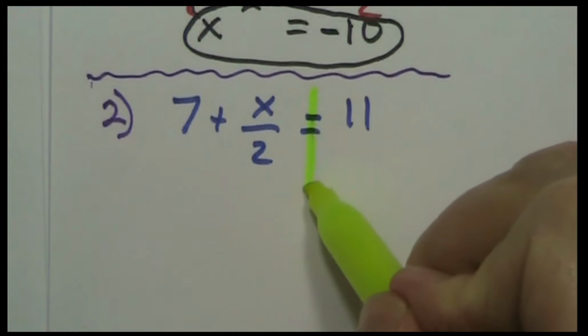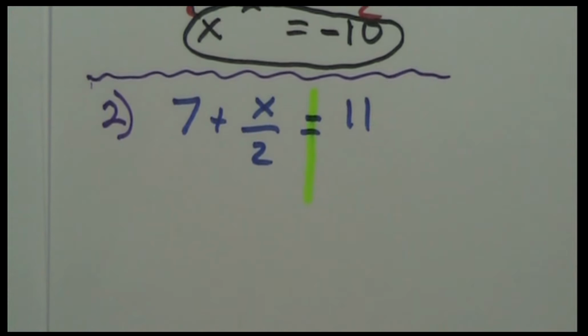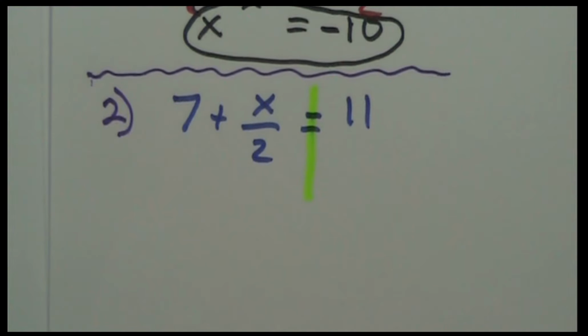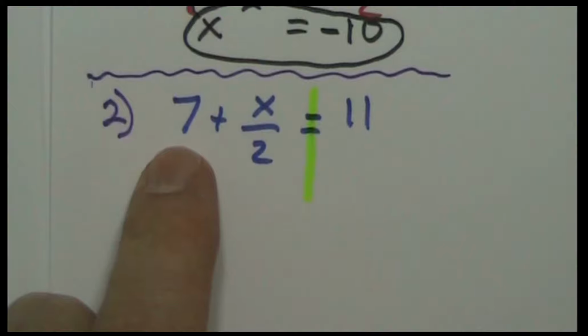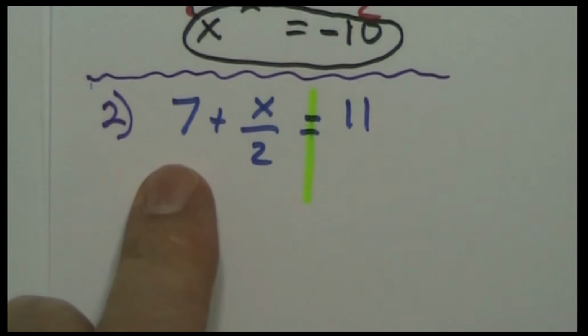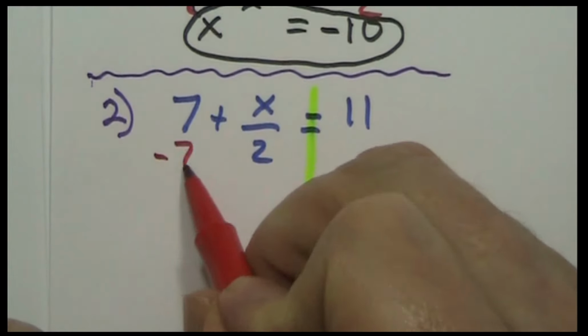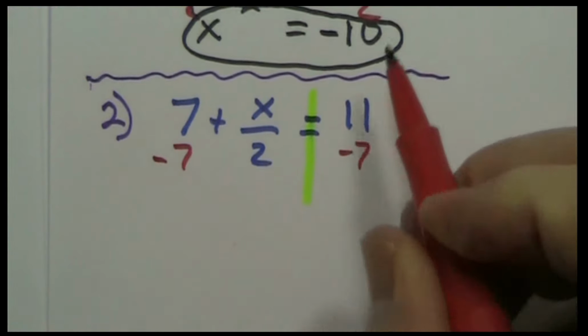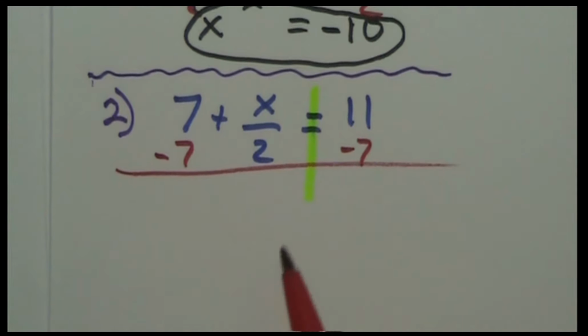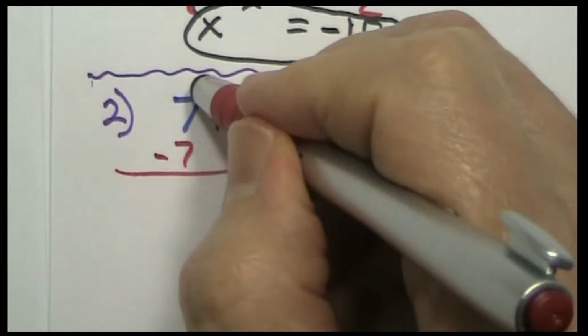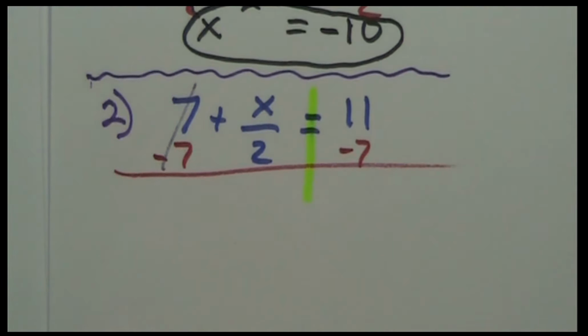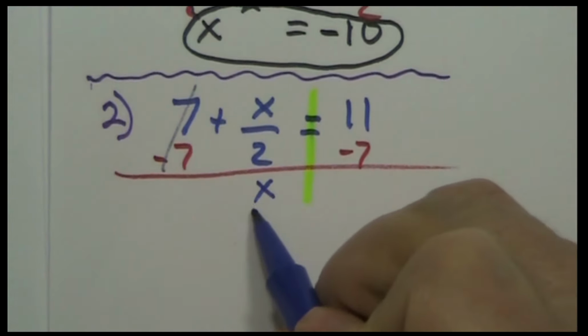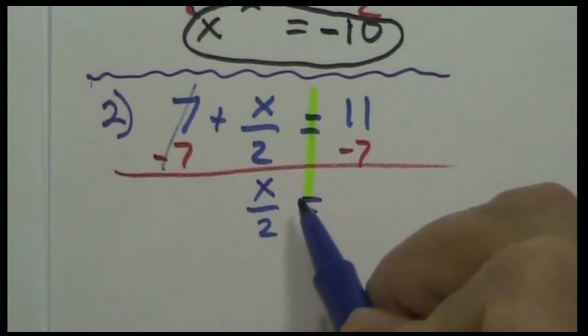So we have a left and right side. We want to get rid of the constant first, add or subtract, so we'll subtract this. And that's 0. And you are left with x over 2 on the left side.